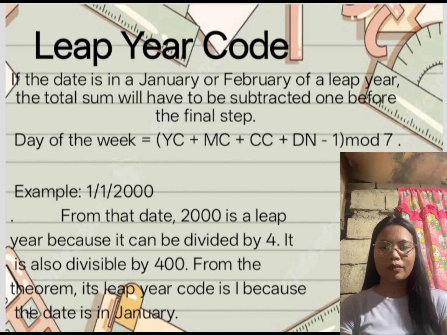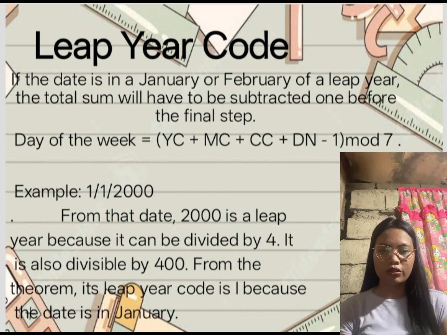So the formula is: day of the week is equal to the year code plus month code plus century code plus day number minus 1, modulo 7. For example, January 1, 2020. From the date, 2020 is a leap year because it can be divided by 4.